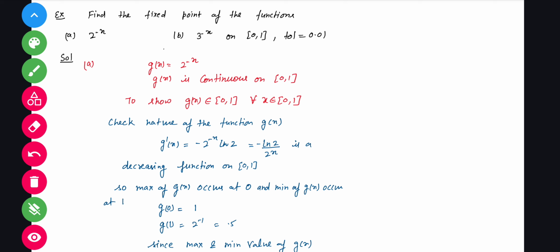We need to try making different g of x functions and check directly in the calculator using the values given in the interval of the question. Whichever converges, we can use that, first prove that it converges and the fixed point exists, and then we can find the fixed point and root as well.